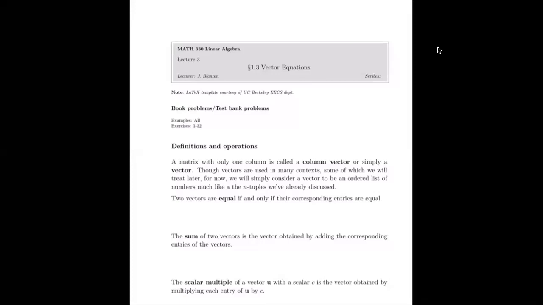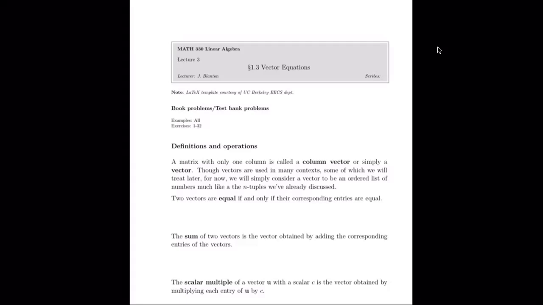So we'll start with just a basic definition of a vector. Vectors are used throughout physics and mathematics in general, and they have a lot of different interpretations and meanings. This won't be anything inconsistent with those, but we'll simply think of a vector, or a column vector, which is how we'll write most of our vectors in this class, as an n-tuple, where we just have n entries in a single line.